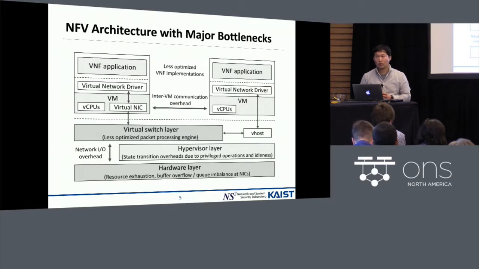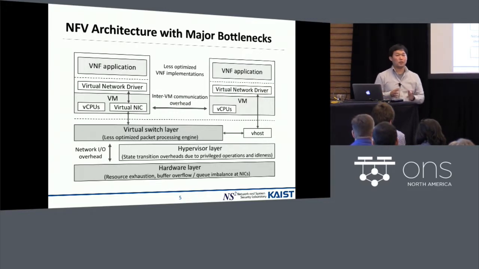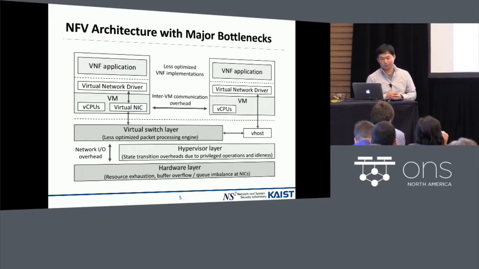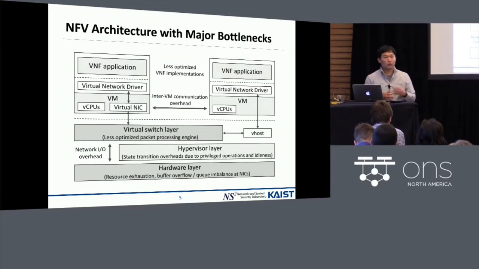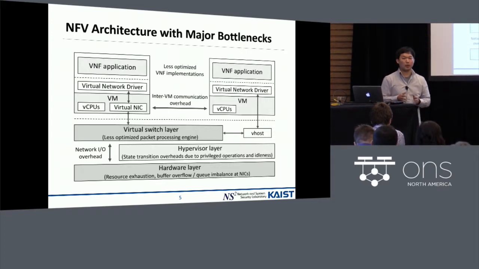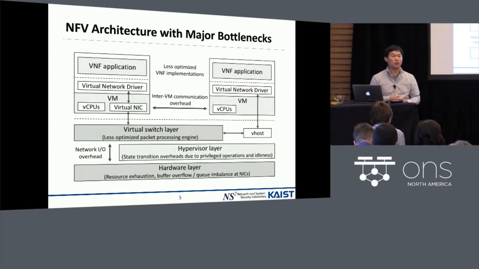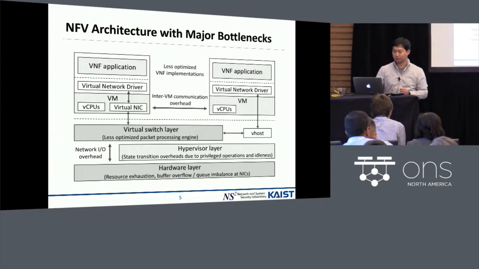And so to fully address the performance issues in NFV environments, we actually need to comprehensively analyze the correlations between these layers. And at this point, you may claim that we already have various profiling tools for each layer. Then why do we still have some difficulty in finding the fundamental reasons of performance issues in NFV environments?